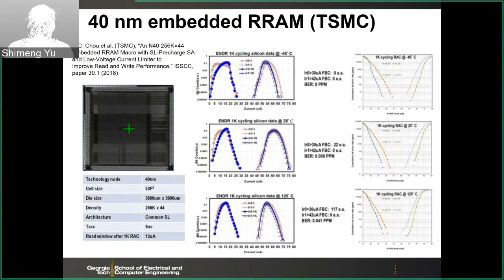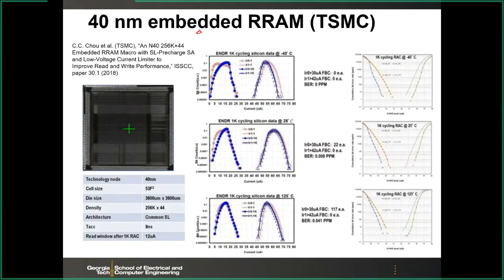Those companies gave up because originally their goal was storage class memory, at the gigabit level, like 3D XPoint. The gigabit level non-volatile memory is the sweet spot for storage class memory. But later they realized this may be too challenging, to have uniform behavior across gigabit cells. So they gave up. What remains today for RRAM is on the embedded side.